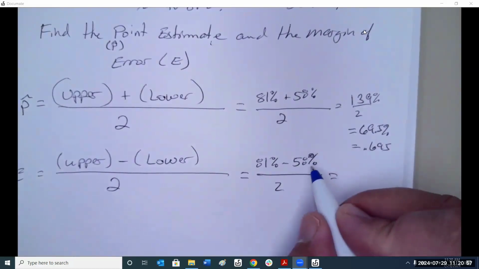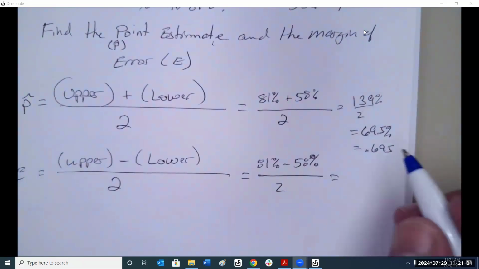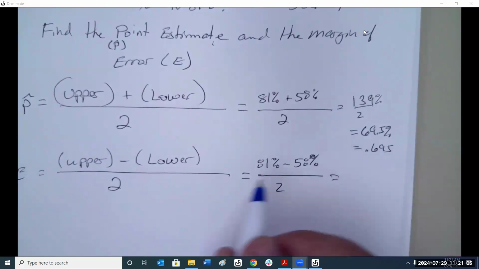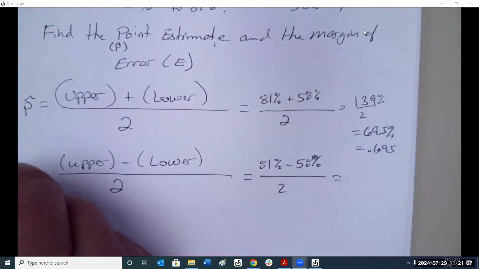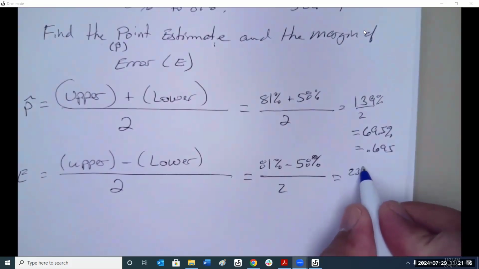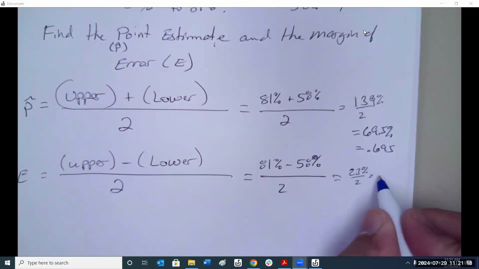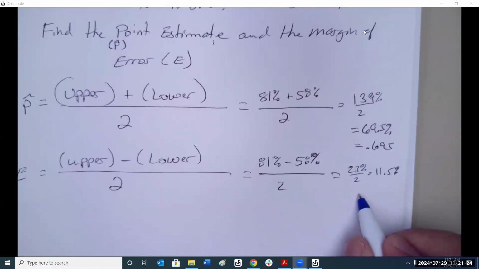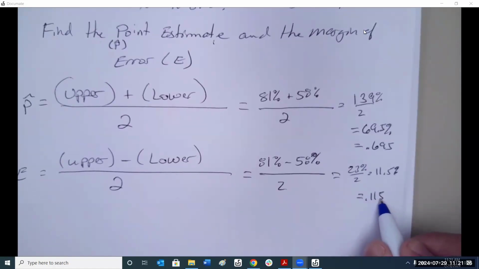And the difference is 81 minus 58. So we have 81 minus 58, 23% over 2, which is 11.5%, which makes it 0.115.